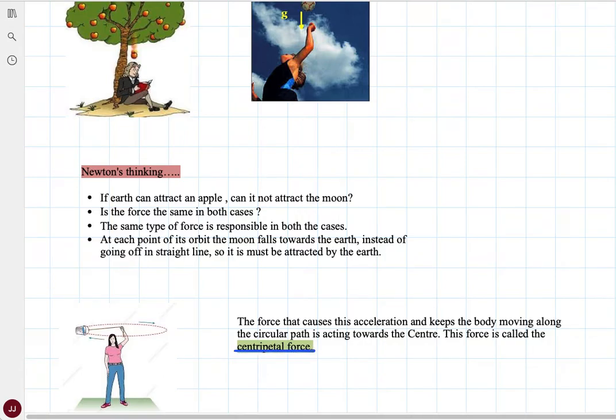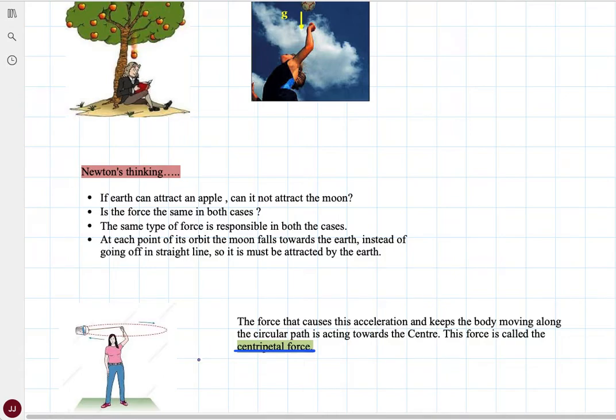So he said that the attraction between objects is the same type of force, and the acceleration is controlled. Okay, it takes a circular motion, and that force is called the centripetal force.